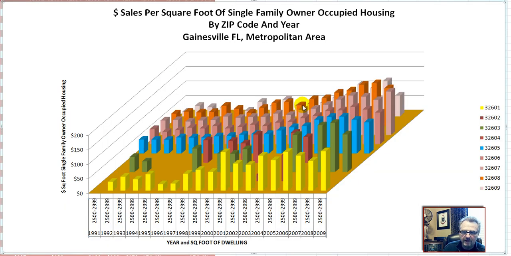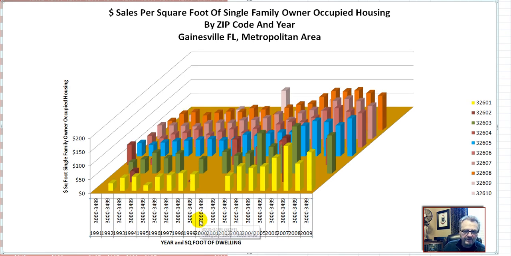Again, we see this nice logistic S-curve pattern, and we see Hale Plantation, zip code 32608, starting out at about the same prices as zip code 32605, and then it appears 32608 has performed better than 32605, and we see that there's a lot of variation in zip code 32603, which is just north of the university, and then here we have 32601.